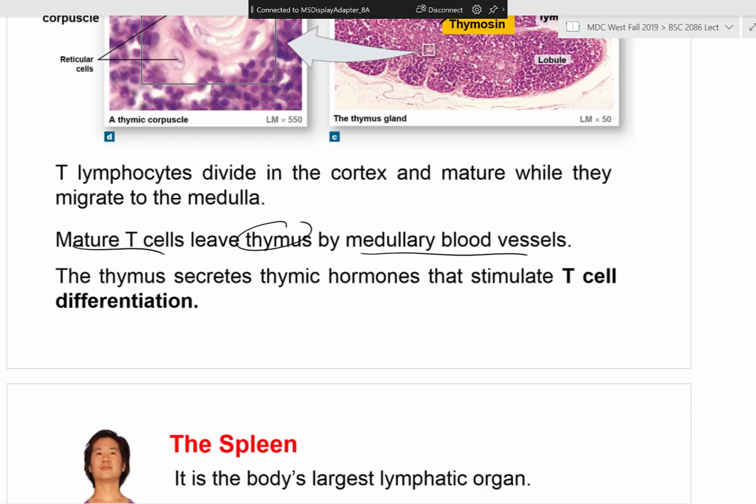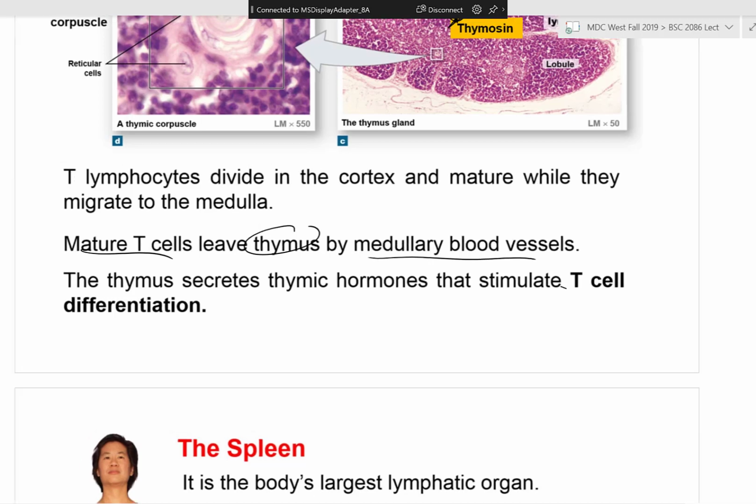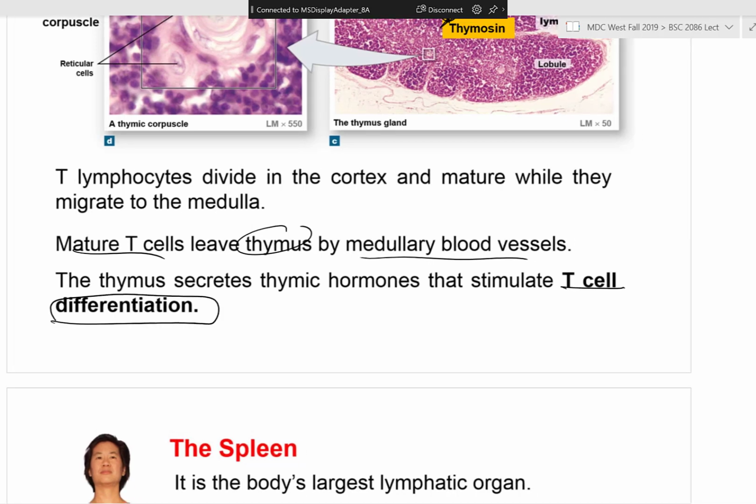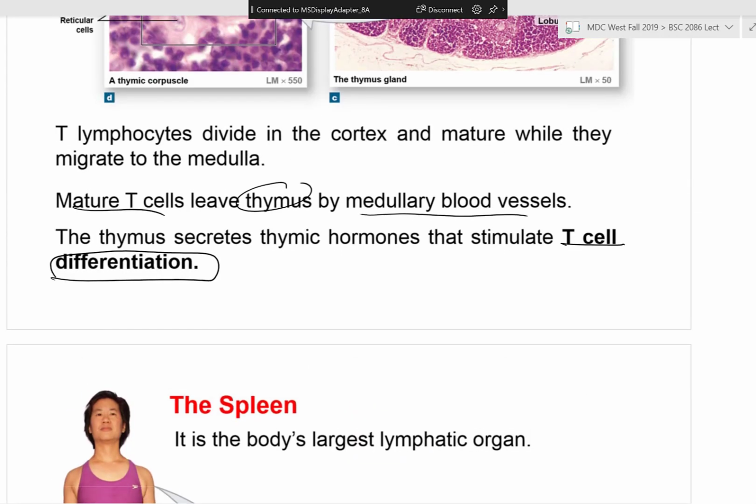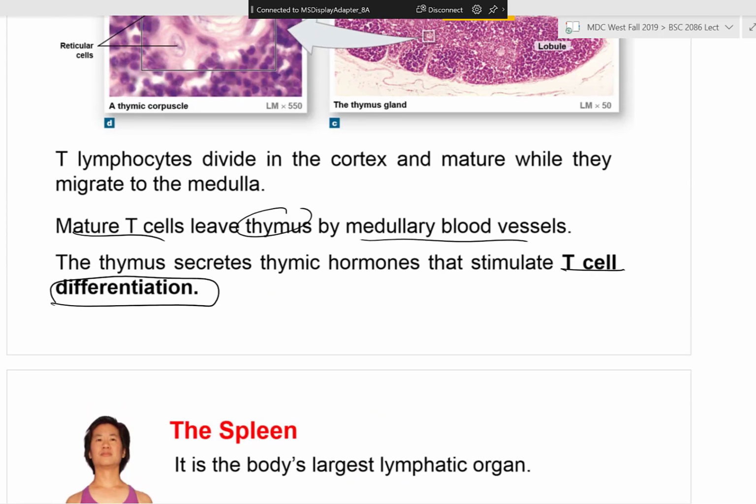These are immunocompetent. That means they are already differentiated, right? So differentiated lymphocytes know what they need to do, right? They are immunocompetent. So let's go to the wording. Immunocompetent is they are differentiated, right?